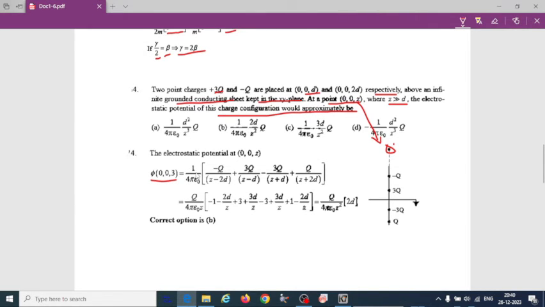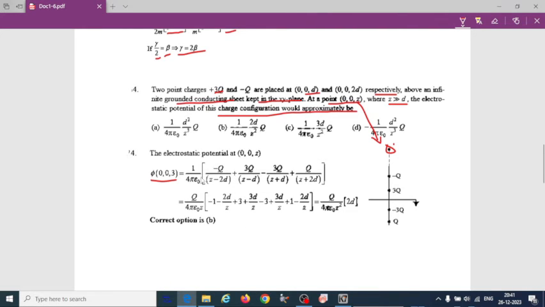What is the general equation here? 1 divided by 4 pi epsilon naught q divided by d. So here we have the charges as they have given here, plus 3q and minus q, and infinite grounded conducting sheet above. So below we will have the opposite kind of charges, minus 3q plus q.